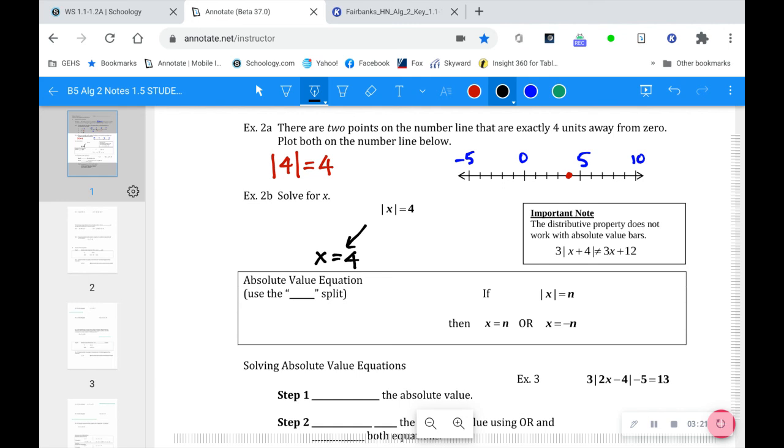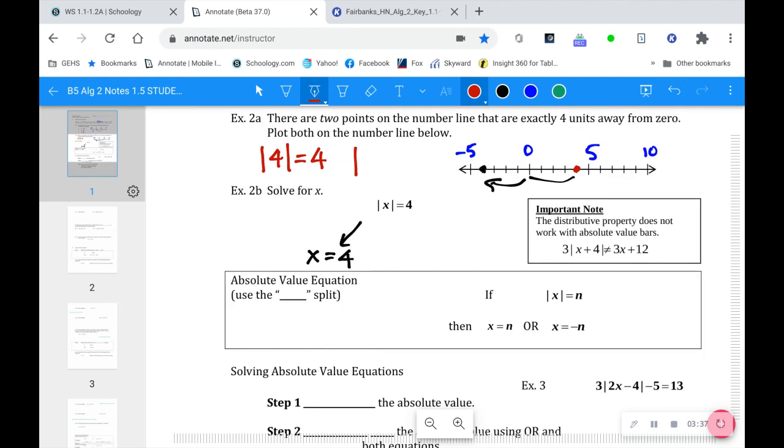Now, the other number whose distance from 0 is 4 units away would be the one in the other direction, in other words, -4. And if I take what I had right here, I can modify it slightly, and you'll see that this also works.